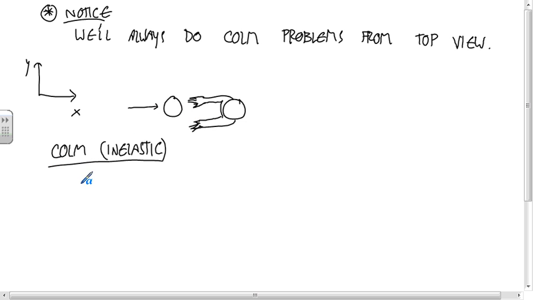So first, to calculate the momentum of the ball before the collision, we have the mass of 0.4. What's the ball's velocity vector before the collision? Positive 15, 0. And then we have the mass of the man, 50 kilograms. What's his velocity vector before the collision? 0 if he's just standing there.